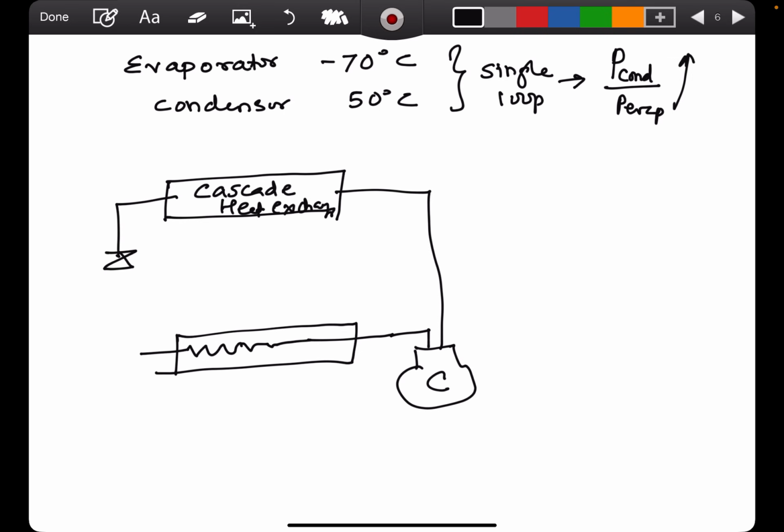So this is similar to your single stage vapor compression refrigeration cycle. The only point is you have two refrigerants.